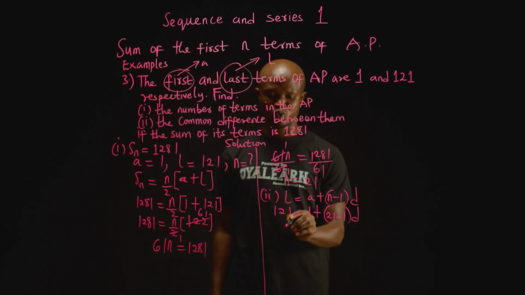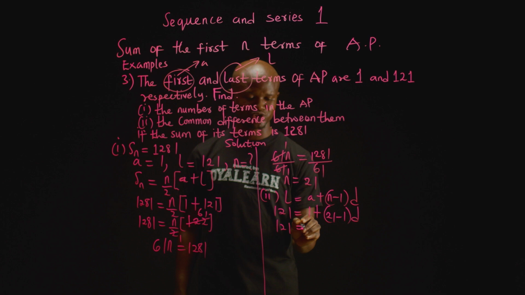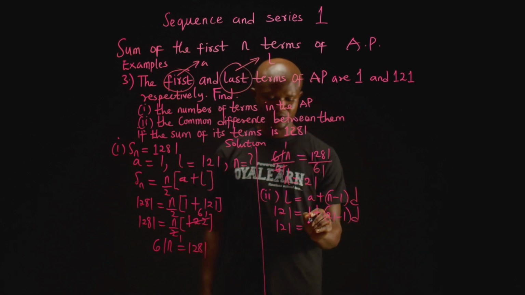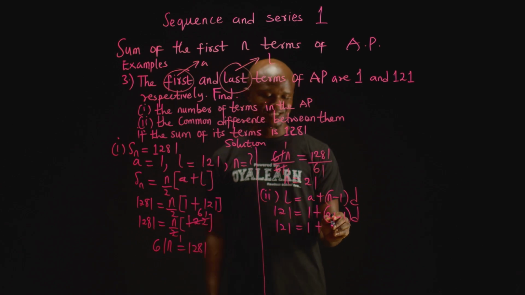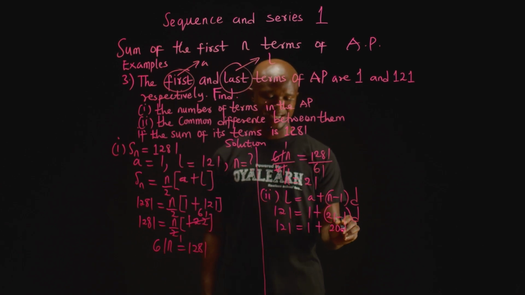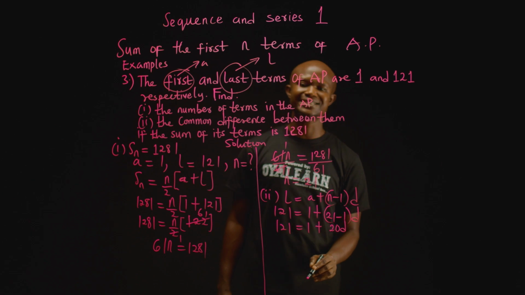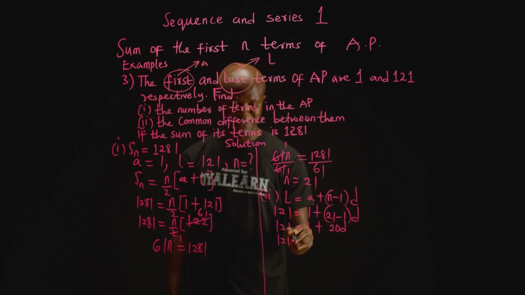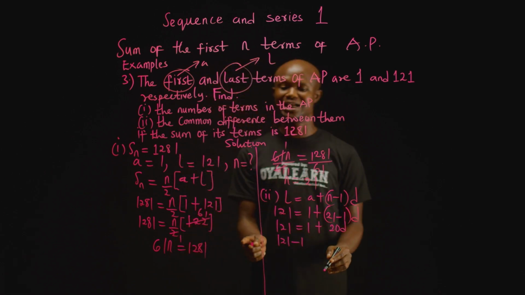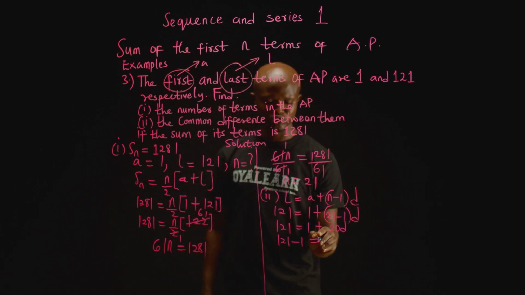Now from here we have 121 equals 1 plus 21 minus 1, that is 20, so we have 20d here. By collecting the like terms, we have 121 minus 1 when this one moves to the left, equals 20d.